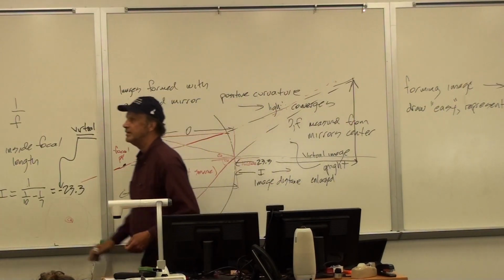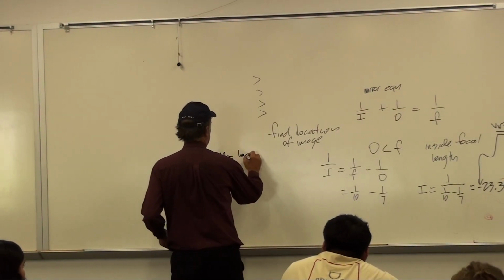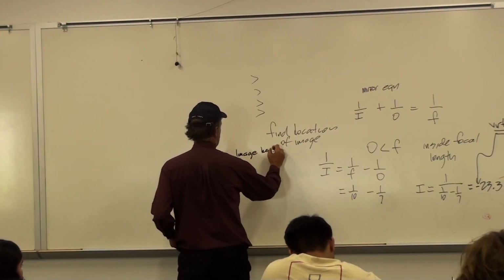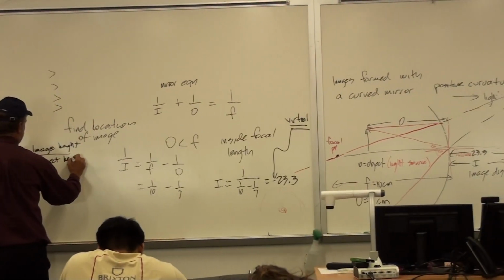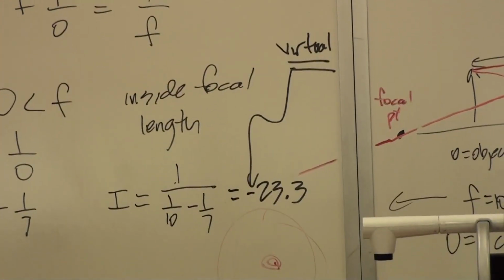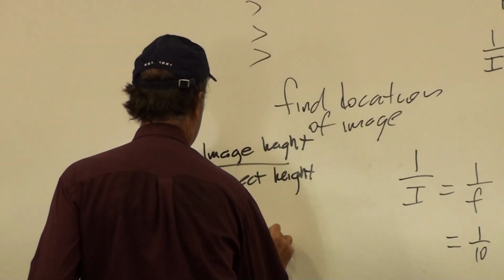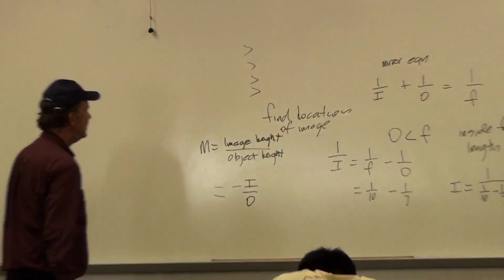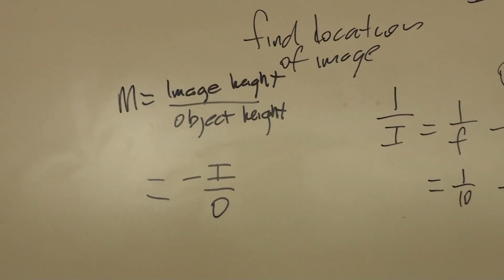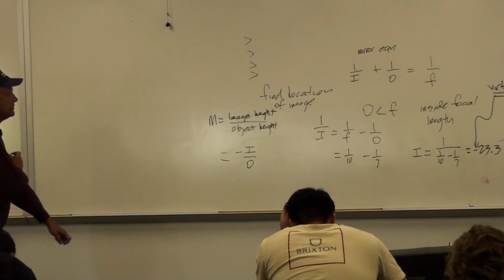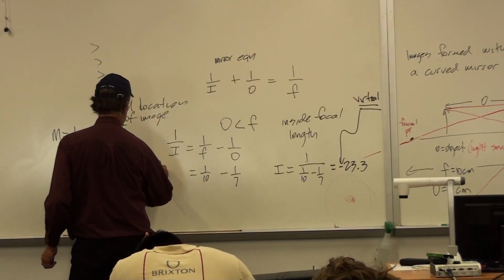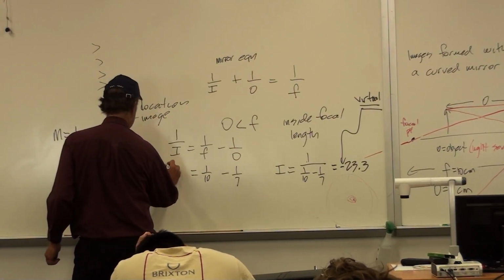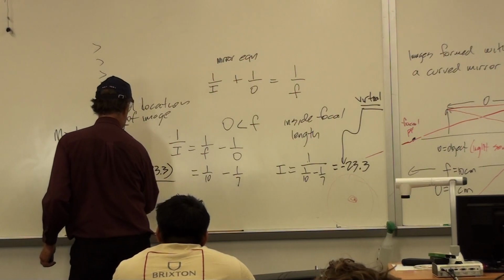The magnification is the image height divided by the object height. But it's also equal to minus I over O. It's the negative of the image distance divided by the object distance. So in this case, we're going to have minus a negative 23.3 divided by O, which is 7.